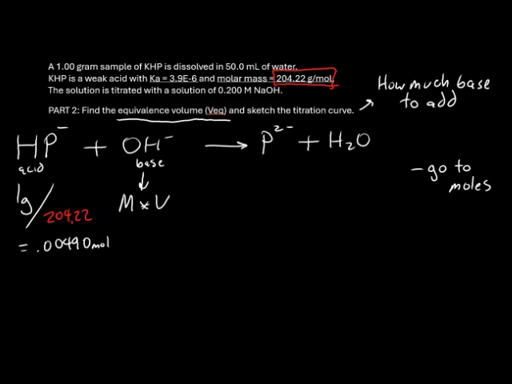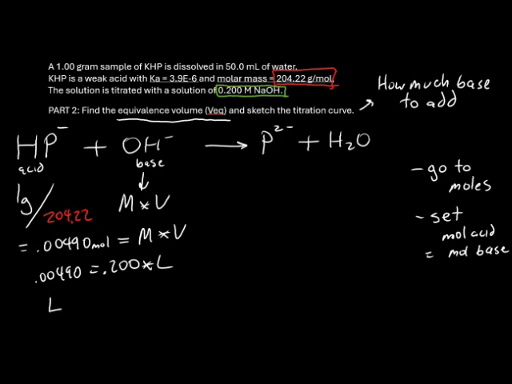Now for the OH, we know that the amount of OH we've added is the molarity times the volume. And at the equivalence point, we're going to set the moles of acid equal to the moles of base. So we'll say the moles that we just found for the acid must equal the molarity times the volume of the base. The molarity we already know for the base is 0.200 molar.